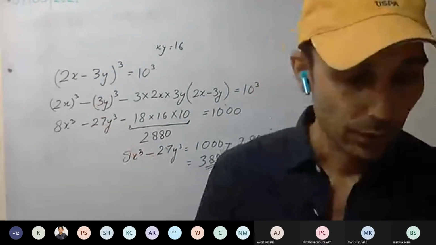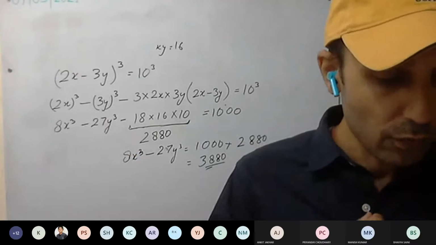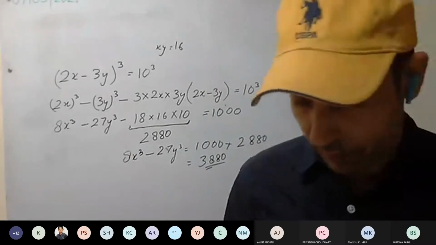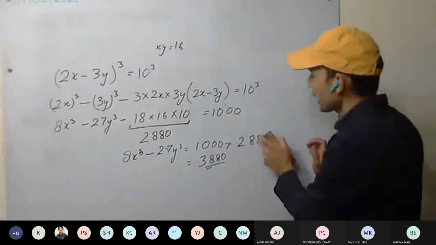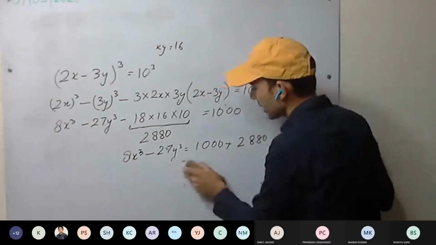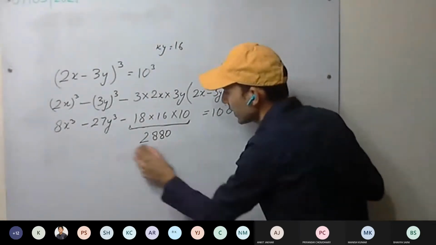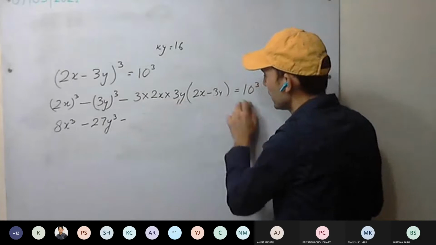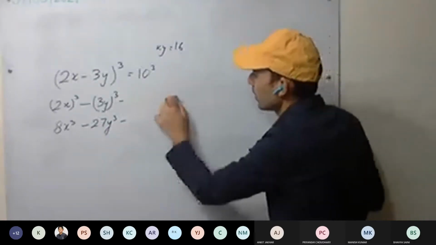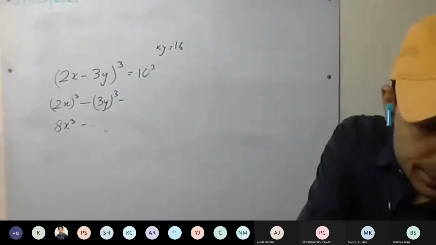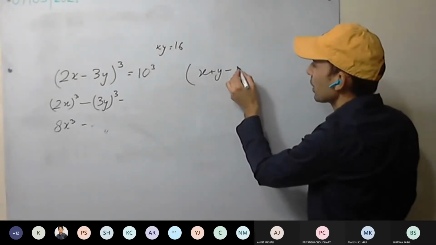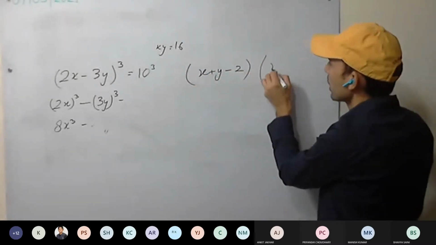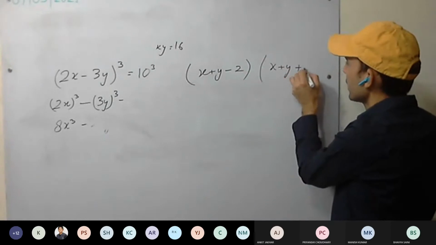Understood? Okay. Next one, try to figure out how we can do. This time, 3 terms are there. Next question, just see it. See how we can do it. Is there any possibility like this? x plus y minus 2, x plus y plus 2.